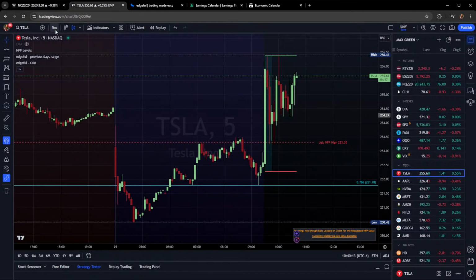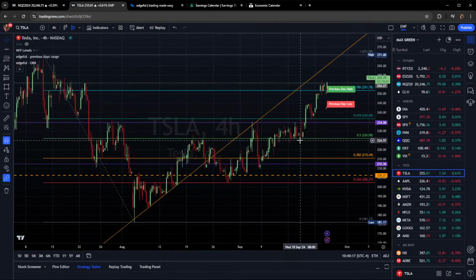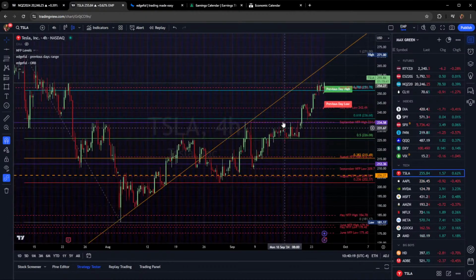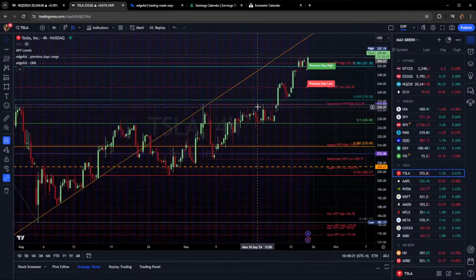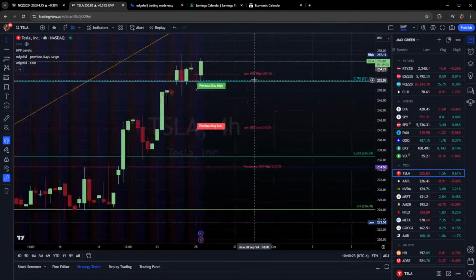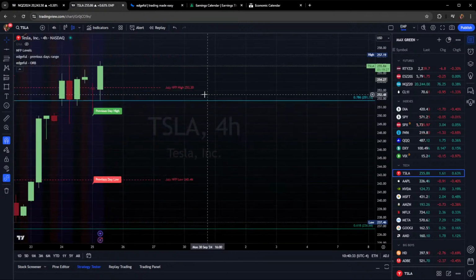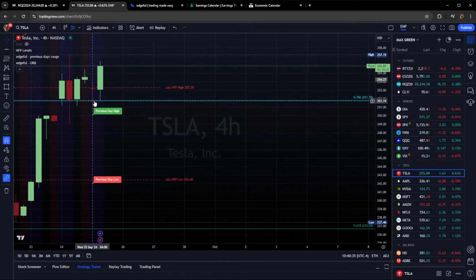Somebody wants to see Tesla. Tesla looks beautiful. On my other chart setup, I have this 255 right here, and we're piercing over it. Look, we held. Look what we held. See this fib?